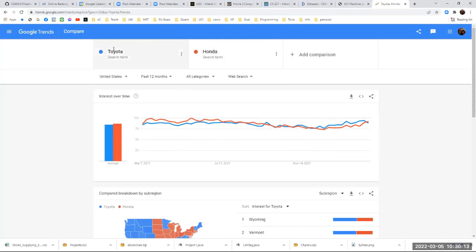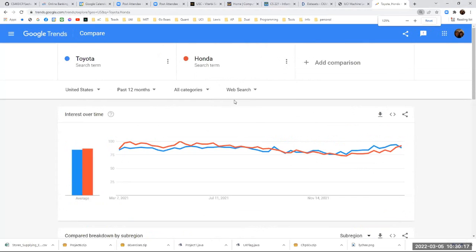You can only know that people browse through the internet about the topic of Honda and Toyota at almost the same intensity. People just like both. But that doesn't mean Toyota has better sales or Honda has better sales. No, sales is totally different. It just means that when people consider these two kinds of cars, they will compare them.